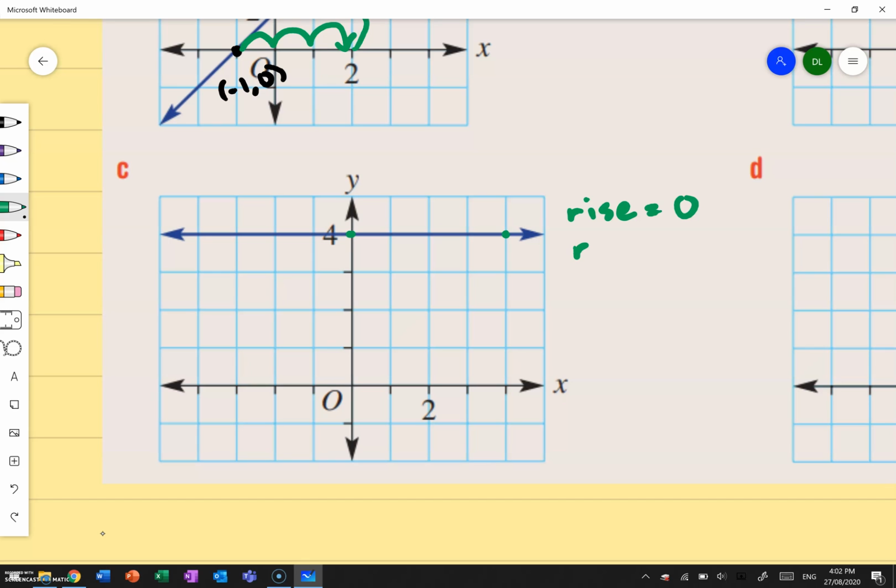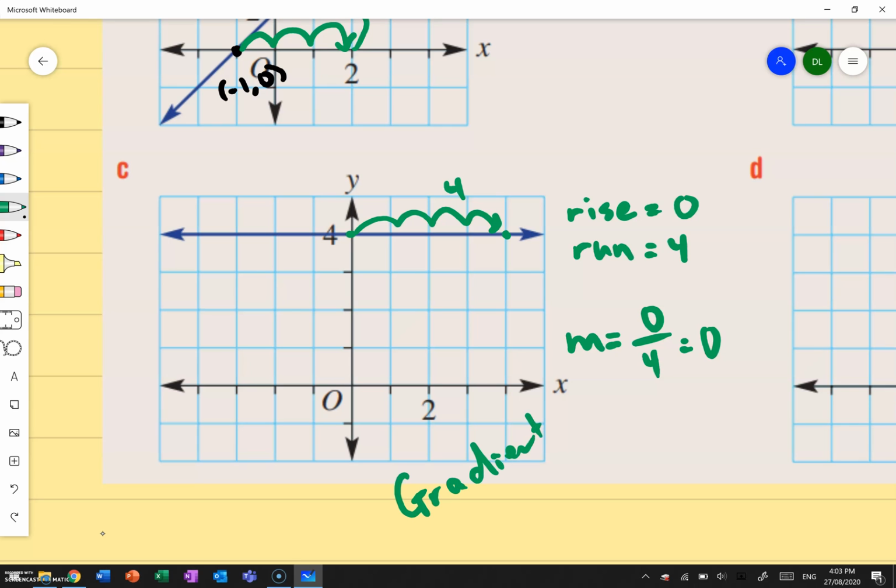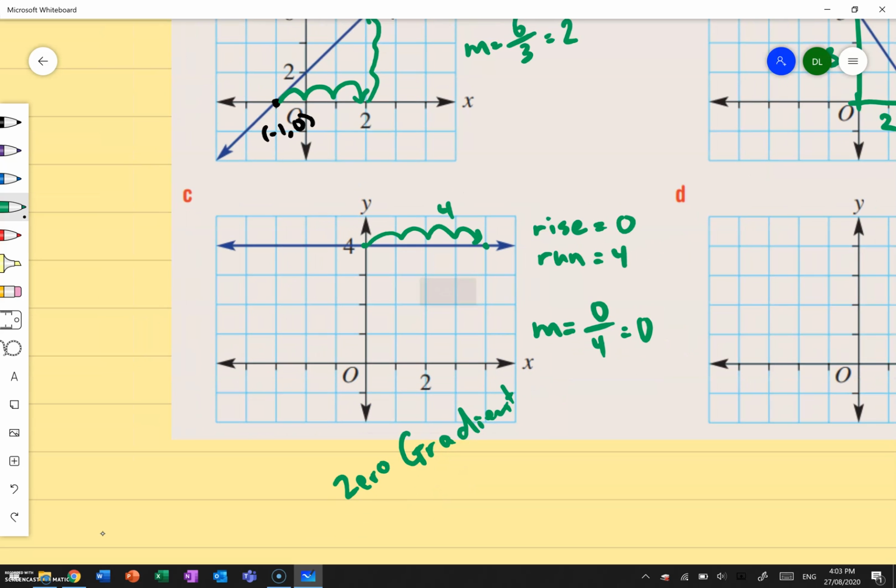But my run, let's say I pick from there to there, that's 1, 2, 3, 4. So my run equals 4. Using my gradient formula, rise over run, it's 0/4. If you put 0/4, the answer is 0. So your gradient is 0. Or we can call it a 0 gradient as well.